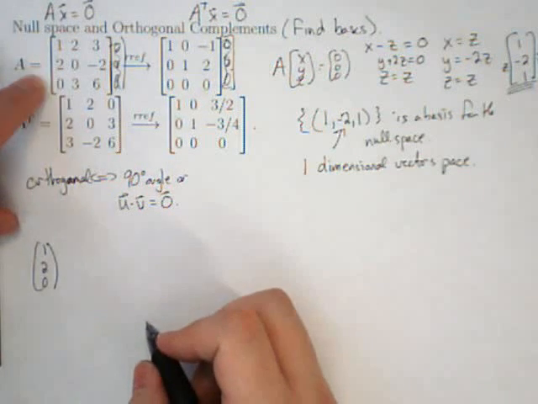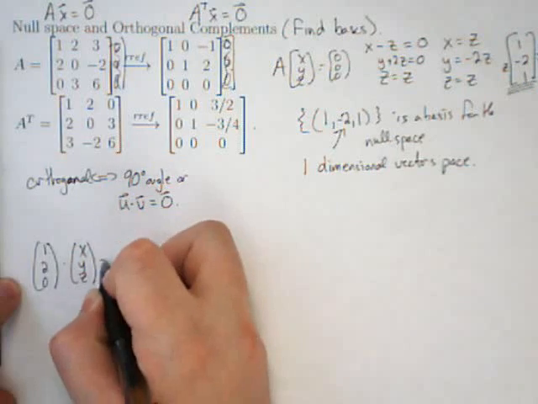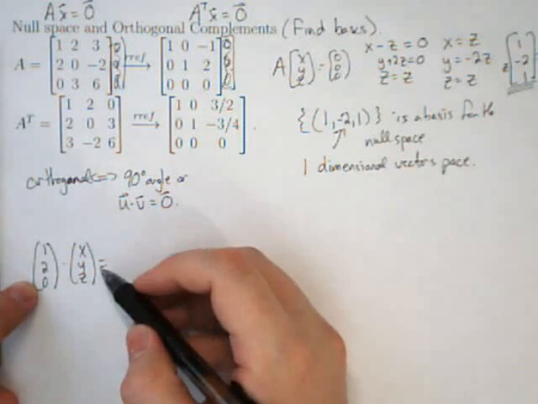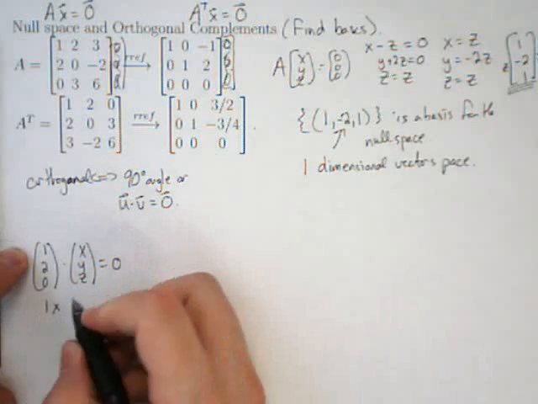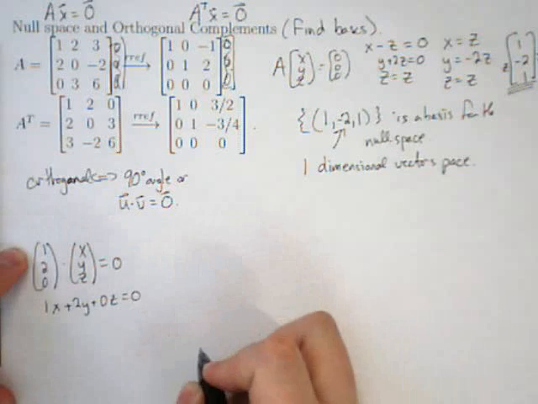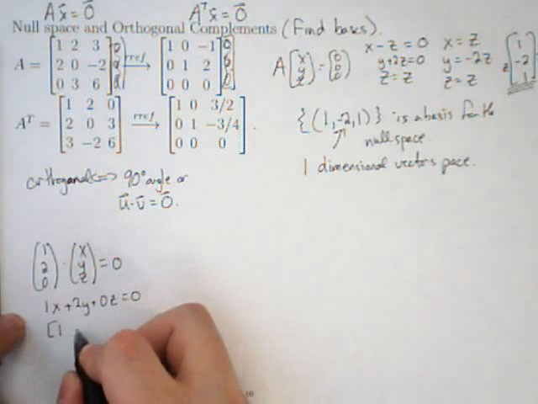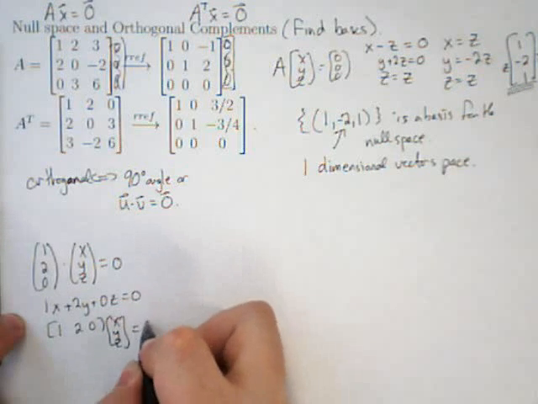To find all vectors orthogonal to it, I write x, y, z. If they're orthogonal, then the dot product should be 0. That's the same as saying 1x plus 2y plus 0z needs to be 0. I can rewrite that in matrix form as 1, 2, 0 times x, y, z equals 0.